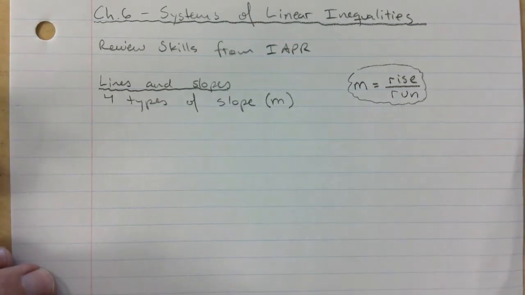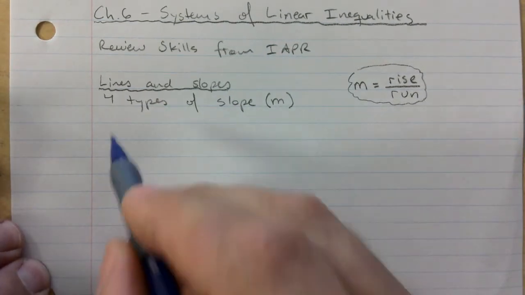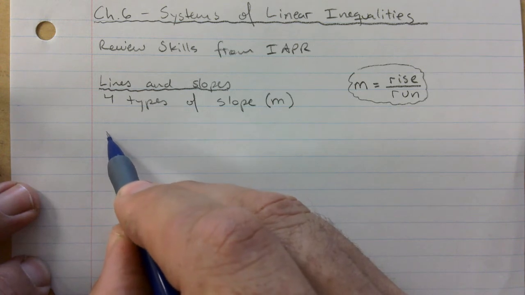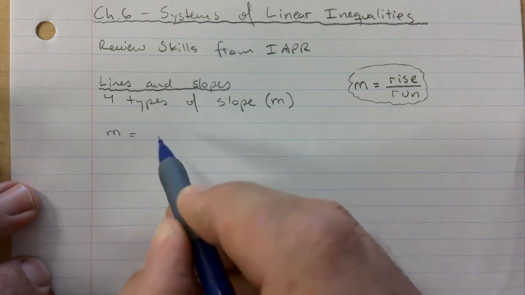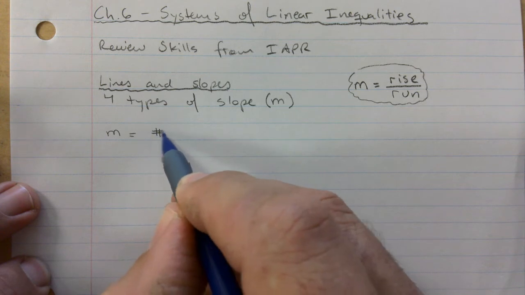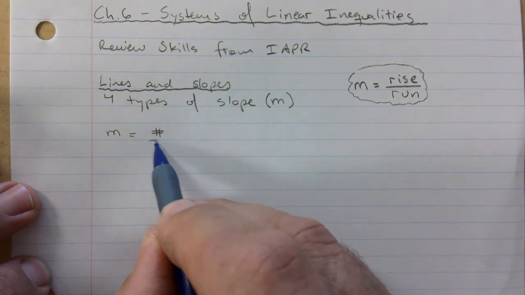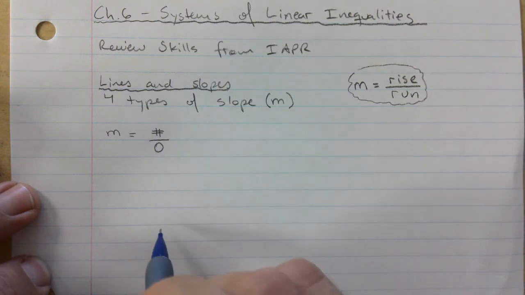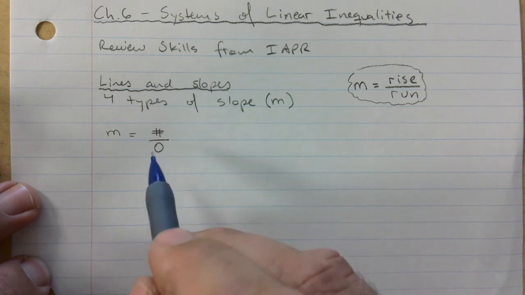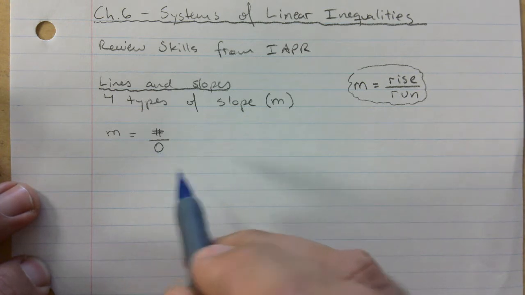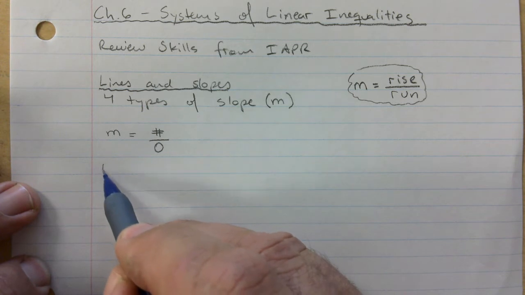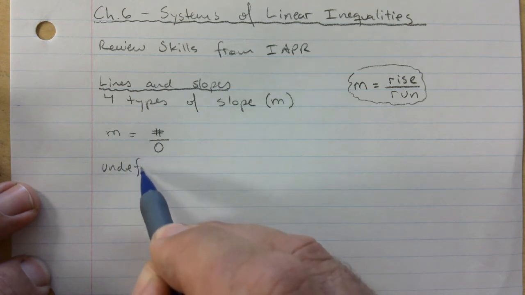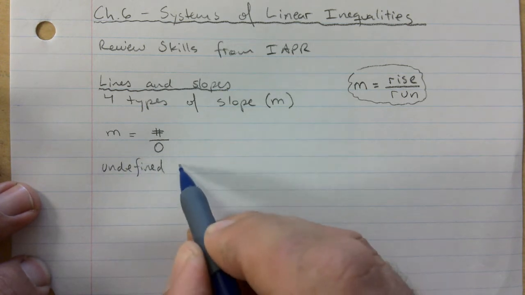But in general, when the slope is equal to a number over 0, then we have what we call an undefined slope.